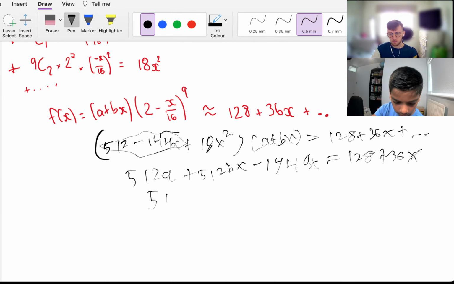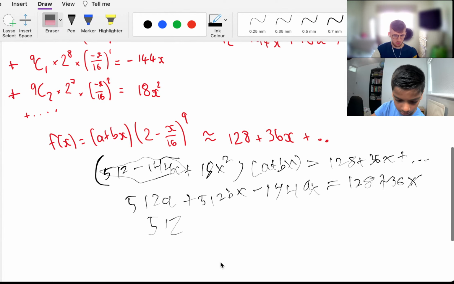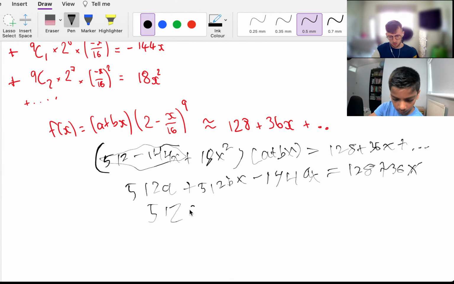Which one did it say to calculate first? Part B was to work out a first. Okay, so if we compare the coefficients, we get 512a is 128.